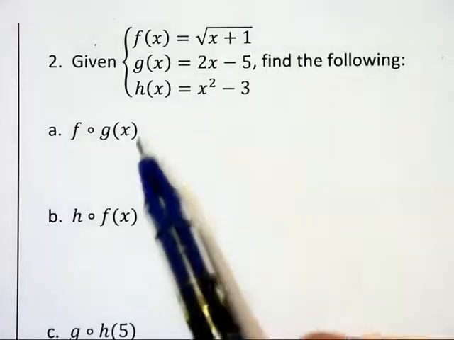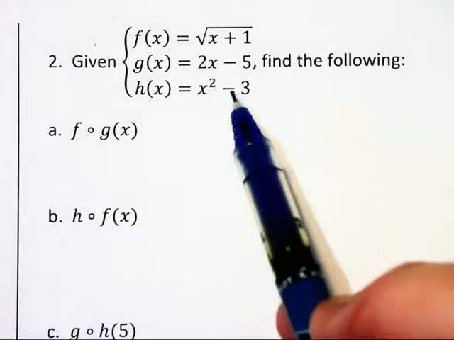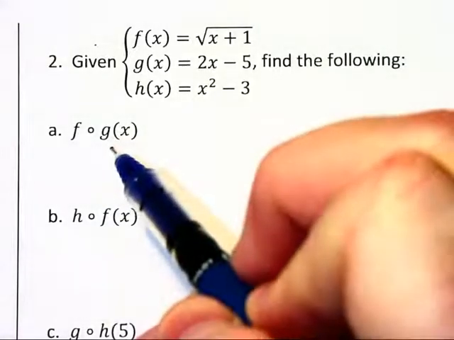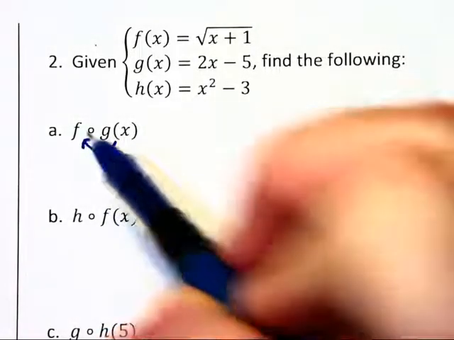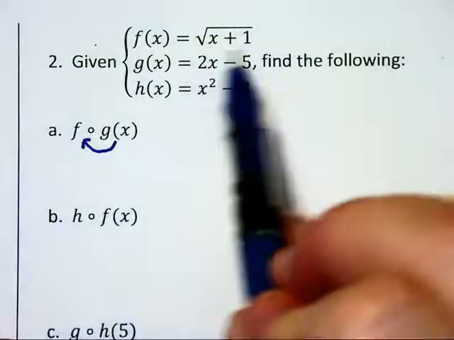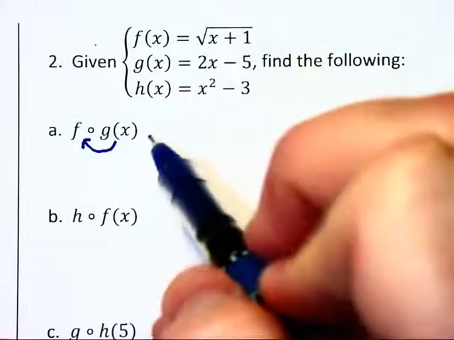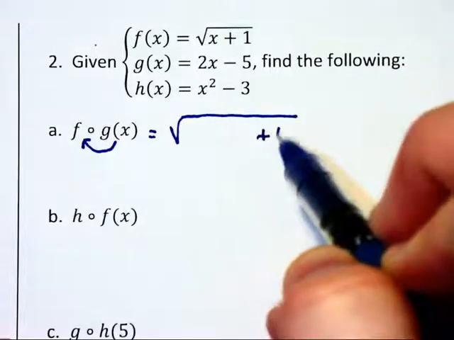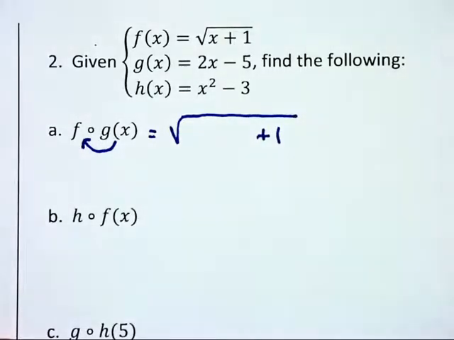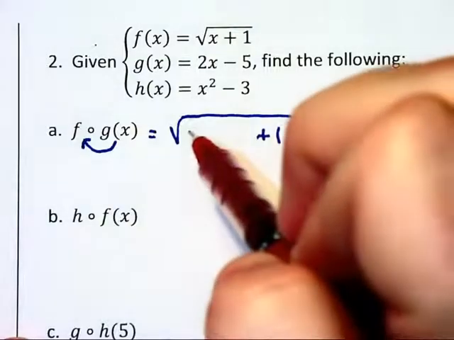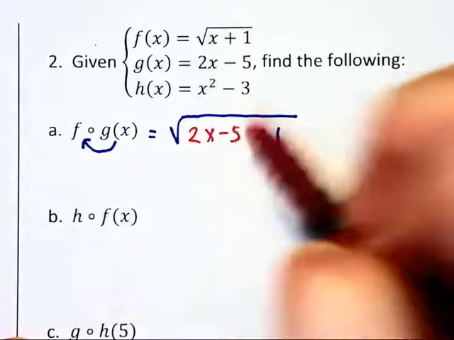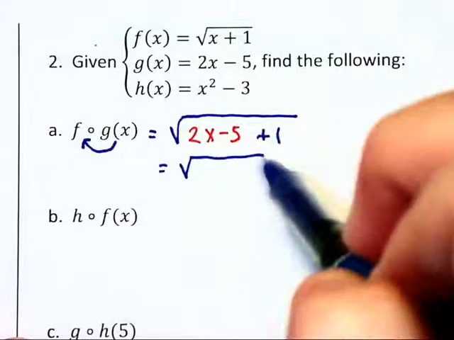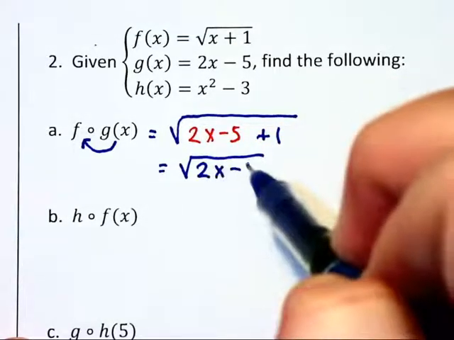Now I have 3 new functions given to you, and we want f composite g of x, and that says take g and substitute it into function f. Function f is the square root of input plus 1. So that's the square root of input plus 1, and the input g of x is 2x minus 5. So you can see that this is going to become the square root of 2x minus 4.